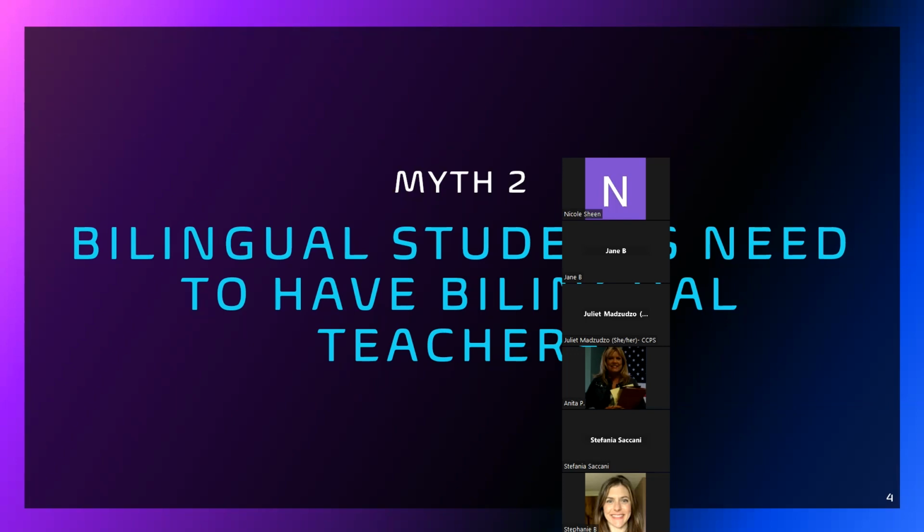But you do not have to know another language to be a wonderful teacher for a multilingual student. We have many, many, many monolingual English speaking ESL, English language development teachers who do a fantastic job. It's all about being trained in the right strategies. So, yes, it's a bonus to get a bilingual teacher, but don't hang on that as the solution.